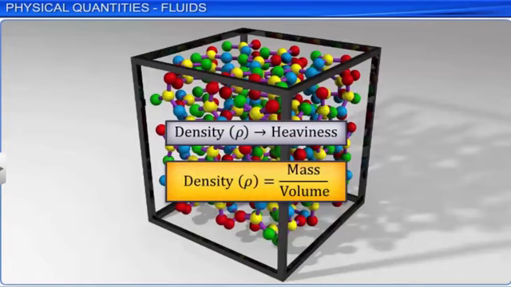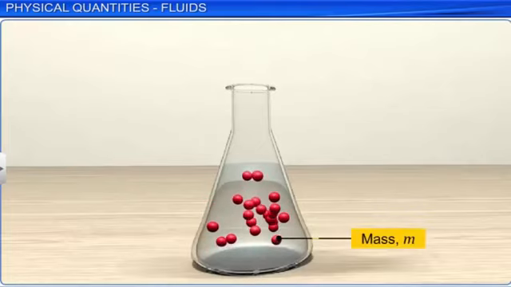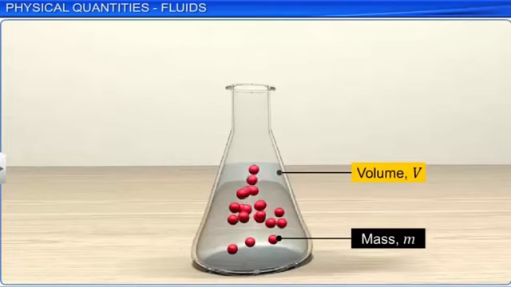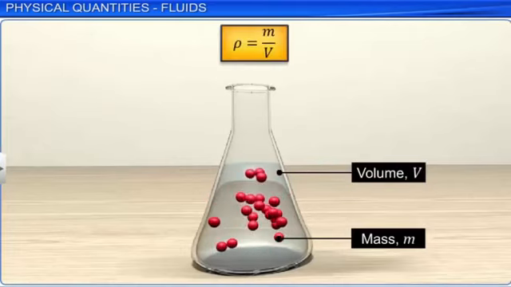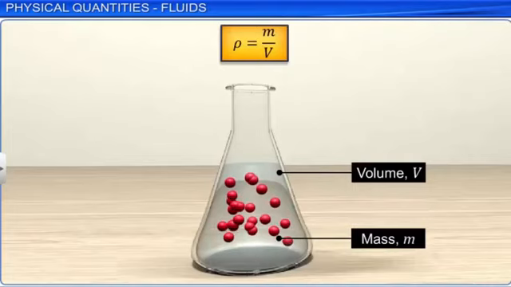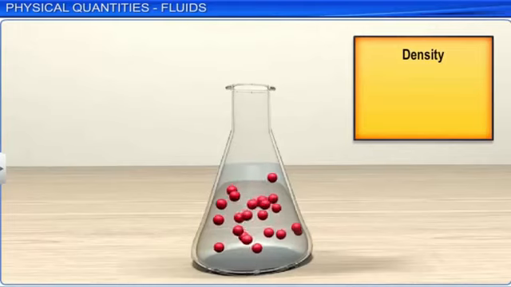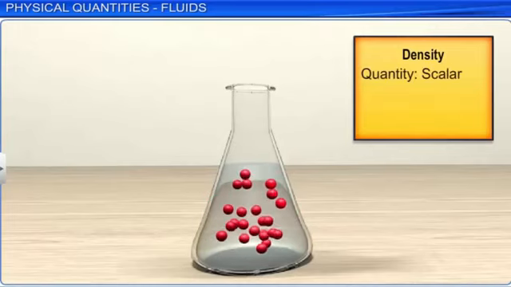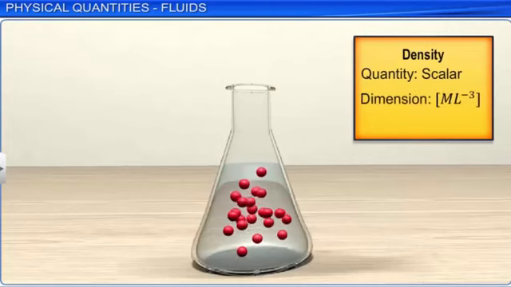Density of a fluid of mass m occupying volume V is represented as the ratio of m to V. As mass and volume both are scalars, density is scalar and its dimensions are M L to the power minus 3. In SI system, density is measured in kilograms per cubic meter.